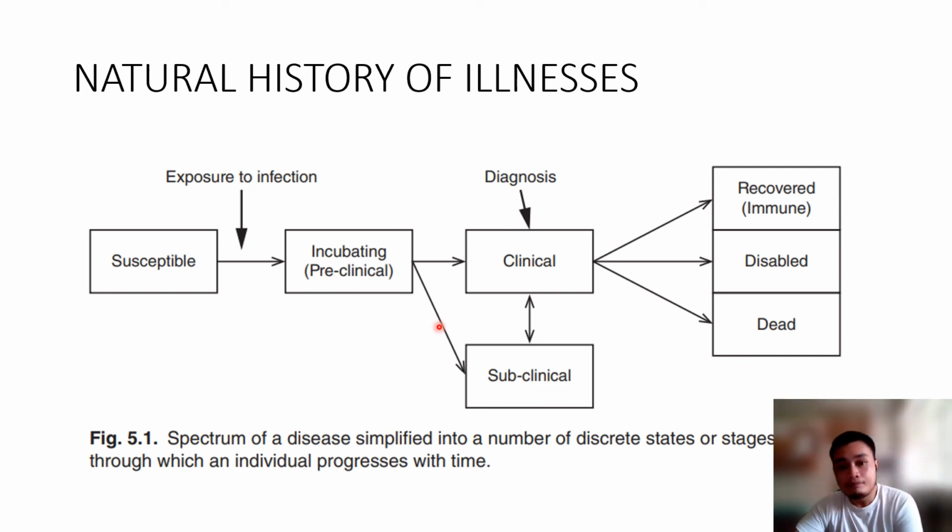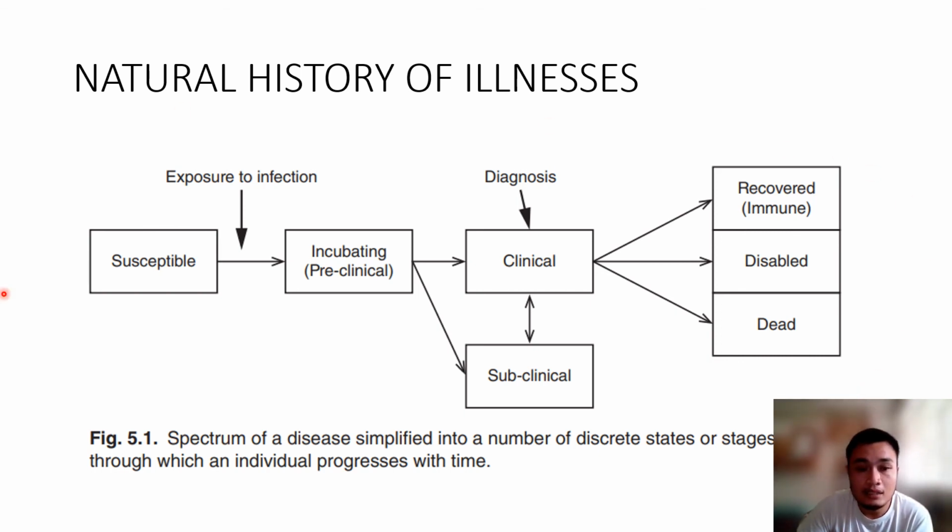Otherwise, the point here is the animal got the disease or is manifesting the disease in a lower intensity, subclinical. It may recover, so it may develop immunity. It may be disabled, of course, as a result of the infection, or it might die.